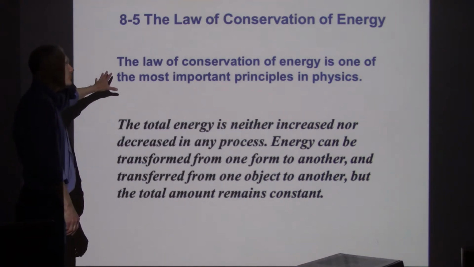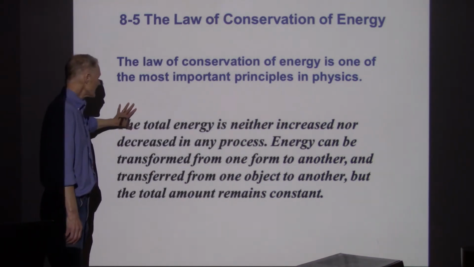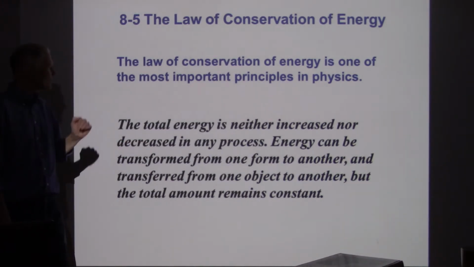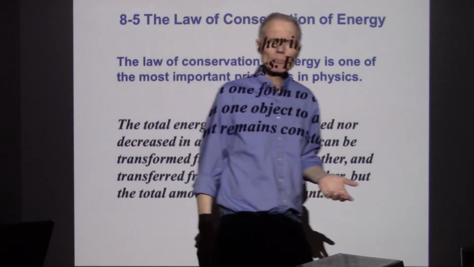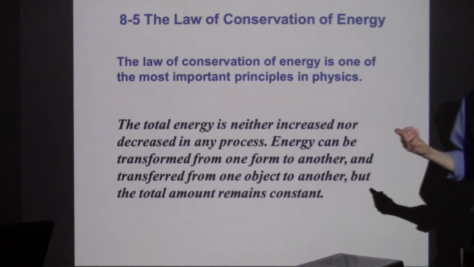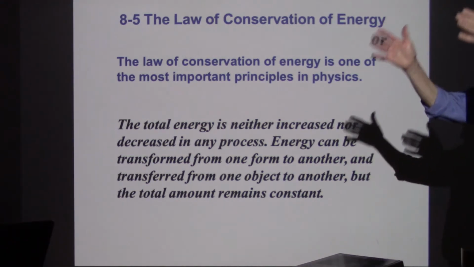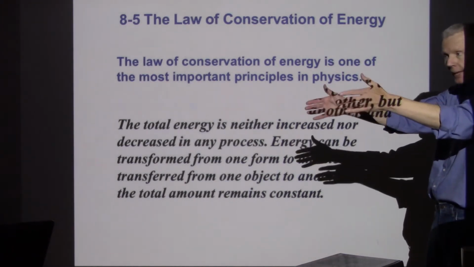So the law of conservation of energy, one of the most important principles in physics, says that if we look at a system of objects, the total energy remains constant, which means we have to do a lot of bookkeeping. If you look at the problems we've looked at so far, it's kind of like: here's a snapshot, picture A. Here's a snapshot at a later time.